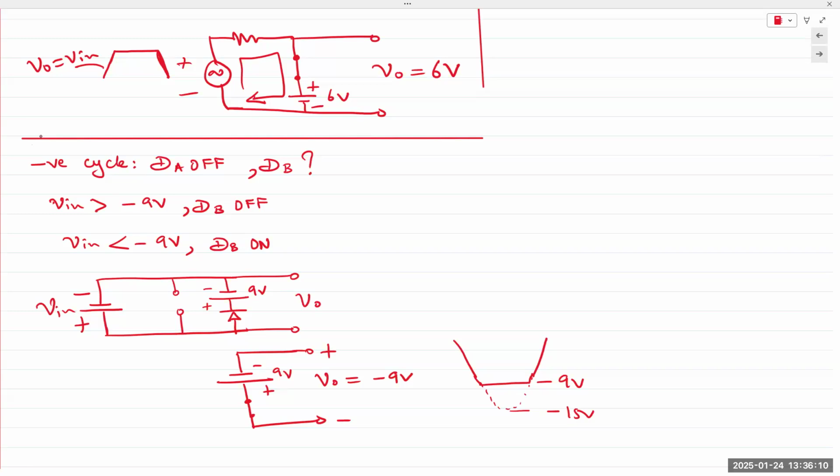We would get 0.6 volts at the output, which is what we will see in the next circuit, which we'll go to in just a few minutes. All right, any questions before I go to the next one? Will you be able to explain the next one? Since everybody understood this one.